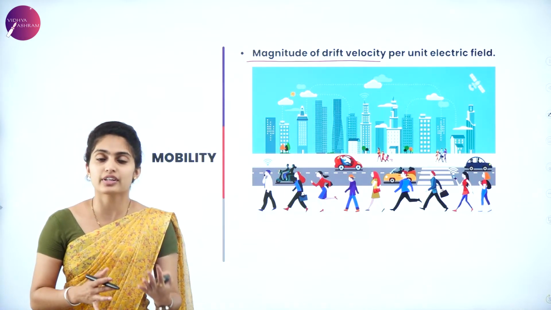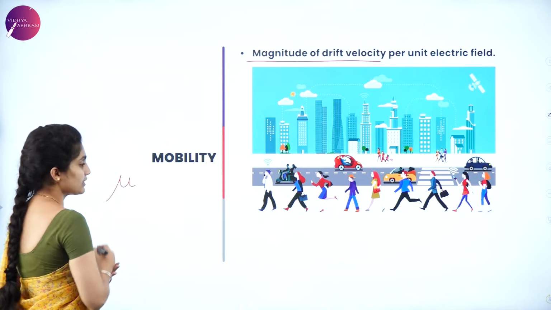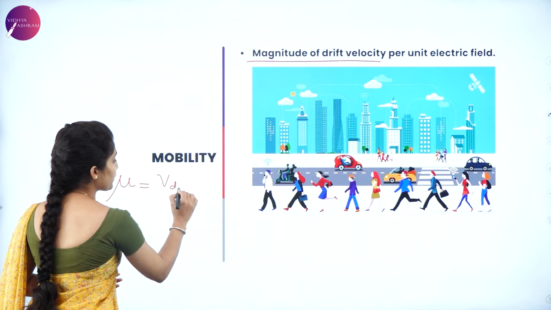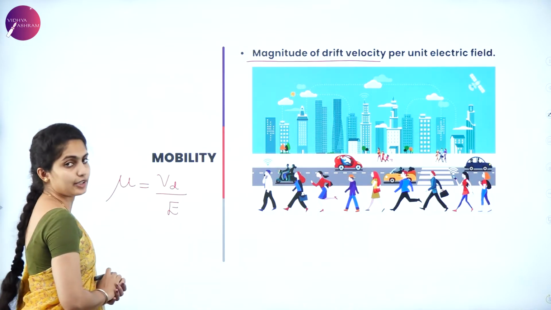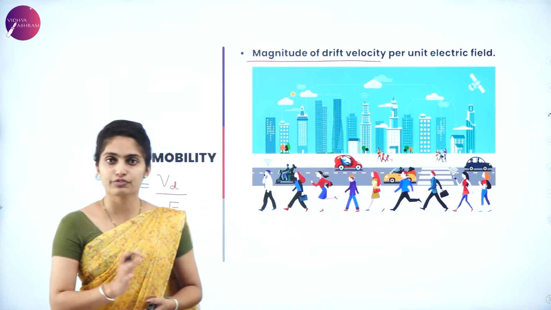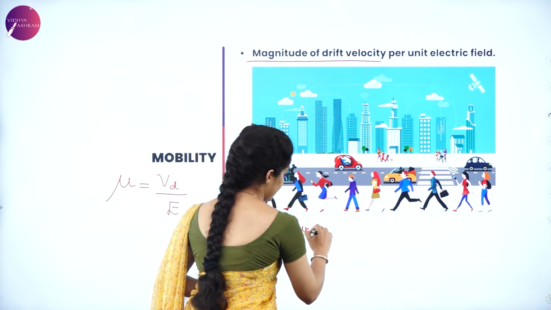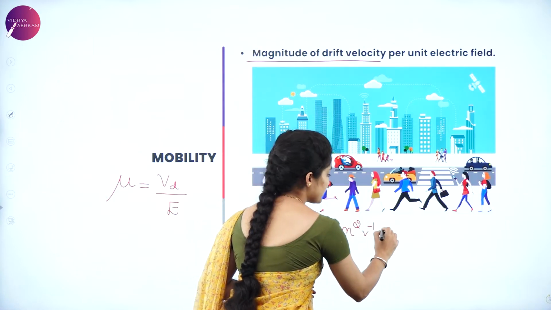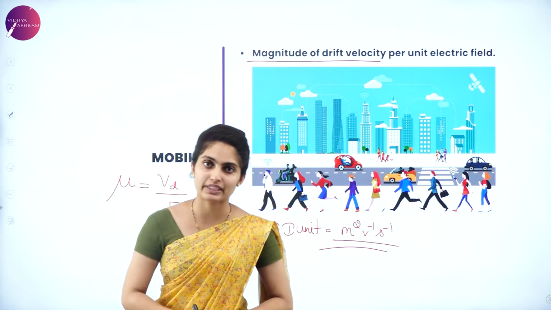So what is the SI unit of mobility? The SI unit is m squared V inverse s inverse.